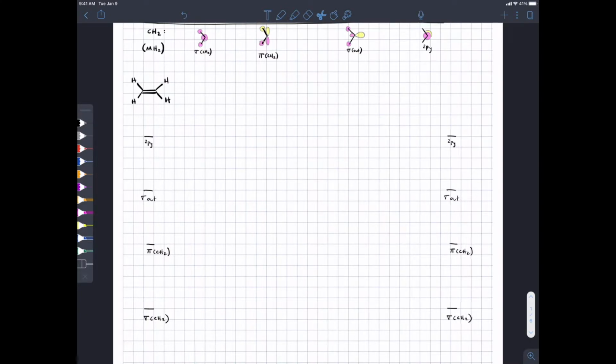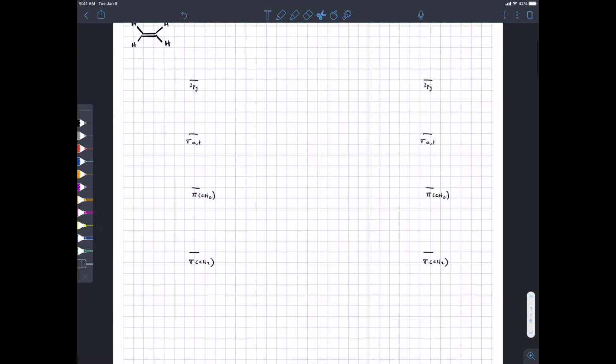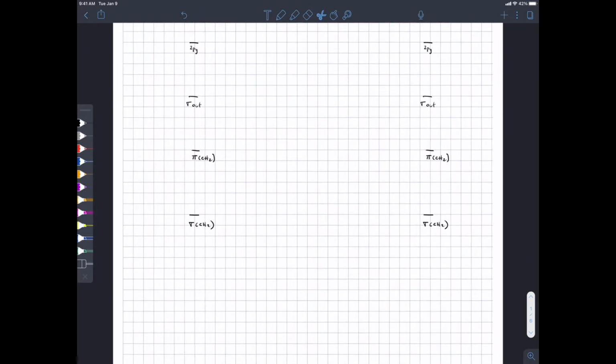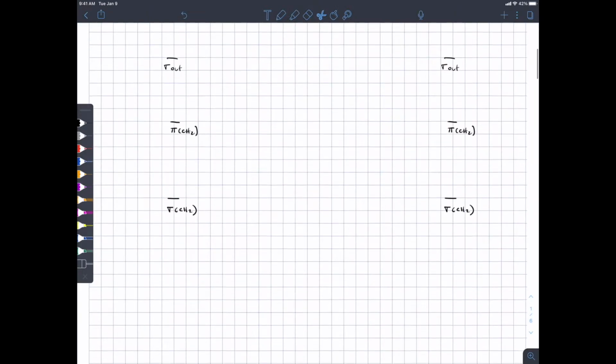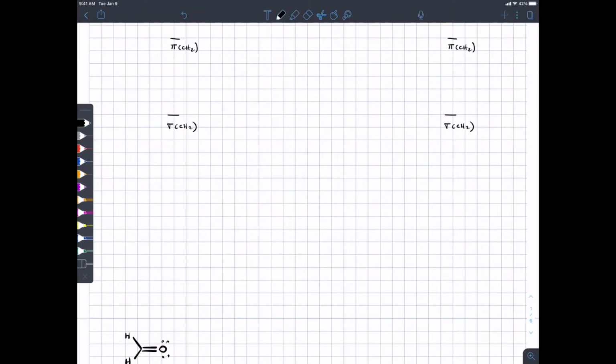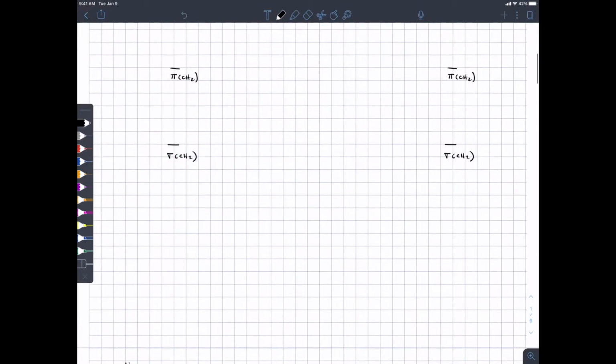Of course, we're going to combine two bent CH2s together to get new molecular orbitals out. So let's put these group orbitals here. We're going to mix the two CH2 orbitals together, and in doing so we're going to get two new orbitals out.